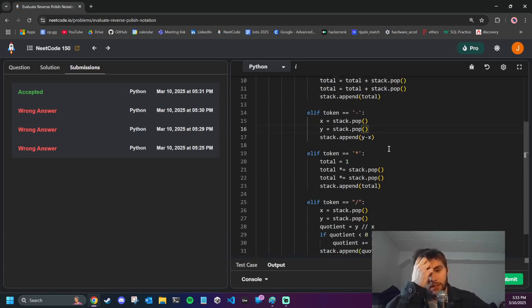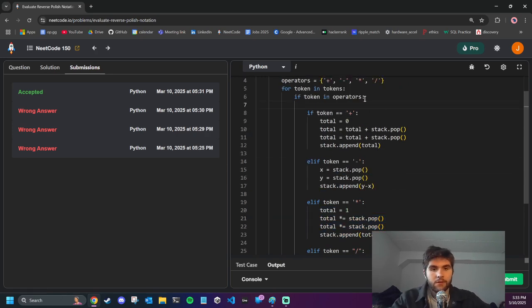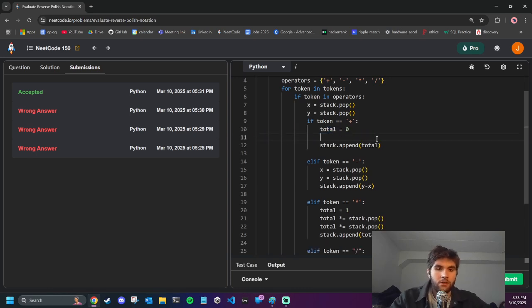Well, I'm noticing actually, each one requires 2 pops of the stack. So maybe I could say x equals stack dot pop, y equals stack dot pop. So then we can get rid of these. So here we could say result equals x plus y.